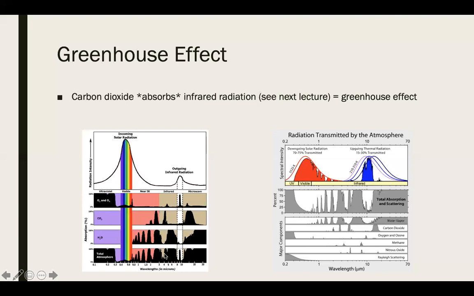Otherwise, carbon dioxide and greenhouse gases are really good at absorbing infrared radiation. And when they absorb that infrared radiation, they also assume a temperature and they send that radiation back down to the surface of the Earth. This is what keeps us warm and habitable and a nice, pleasant place to live: the greenhouse effect.